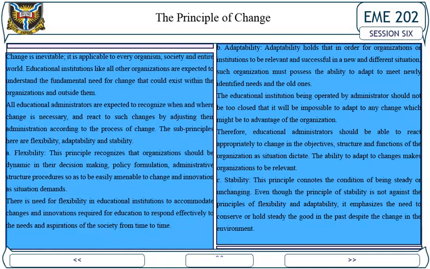The advertisement must state clearly the kind of job available, the qualifications and qualities expected of applicants. There should be objectivity and transparency in selection process.